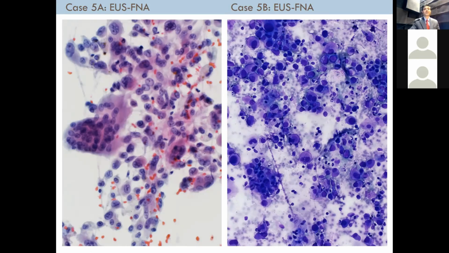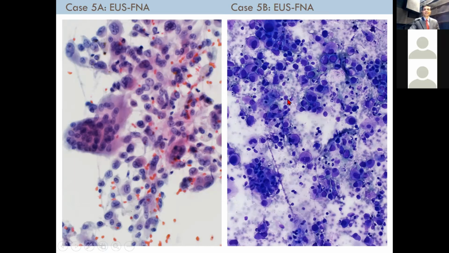And also, if you see in the background, there's a mononuclear population. The nuclei of both the multinucleated giant cells and the background mononuclear population look very similar. The atypia in the background mononuclear population was moderate.